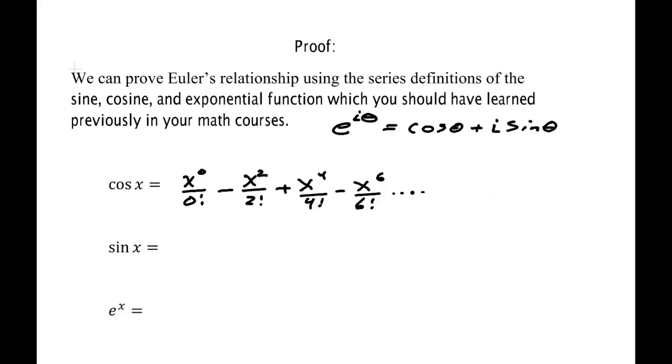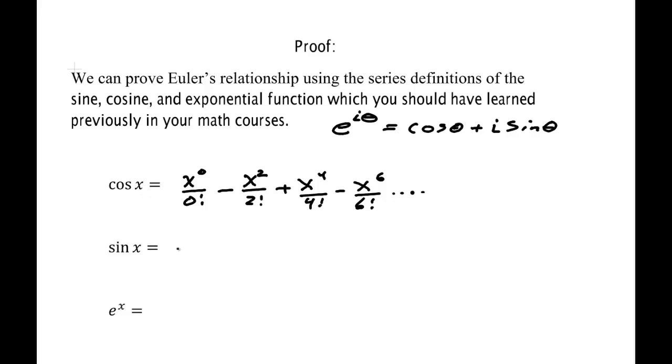The alternating sign between plus and minus is what keeps the cosine bounded so that it doesn't go off to infinity. The other thing to note is that you only have even powers of x. This ensures that if you change x to minus x, the minus sign falls away when taken to even powers. So the cosine of minus x is equal to the cosine of x. That is, you have an even function.